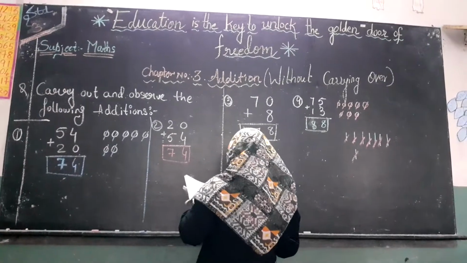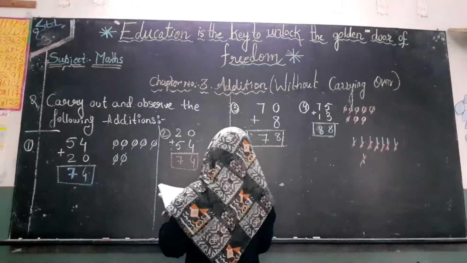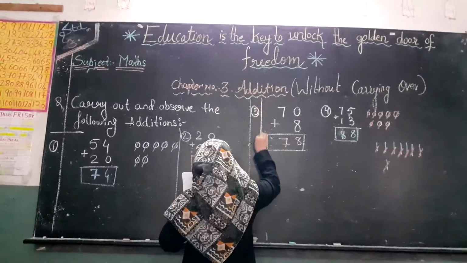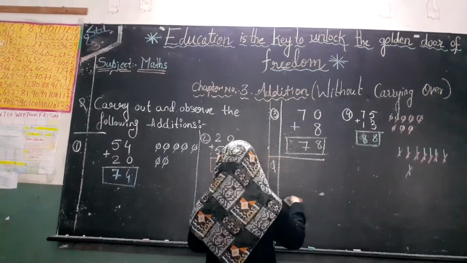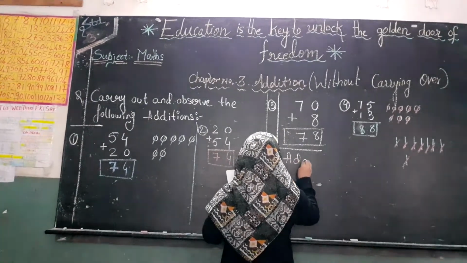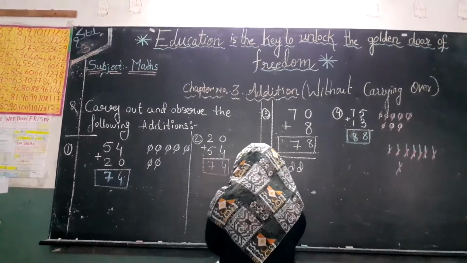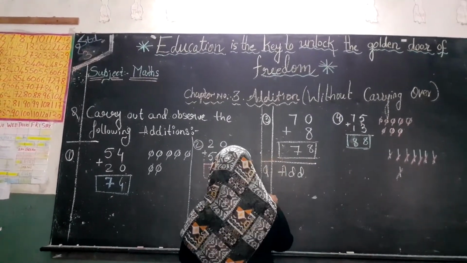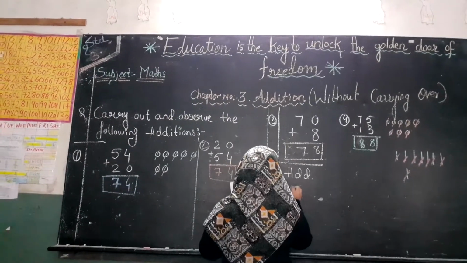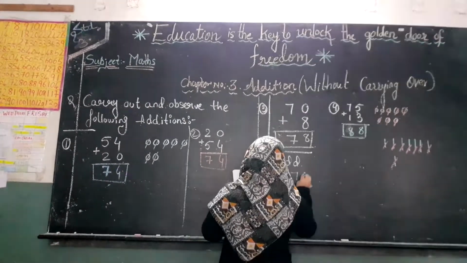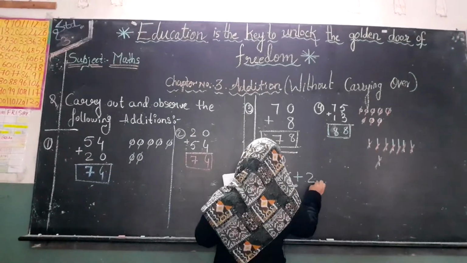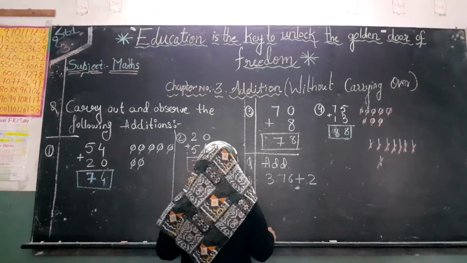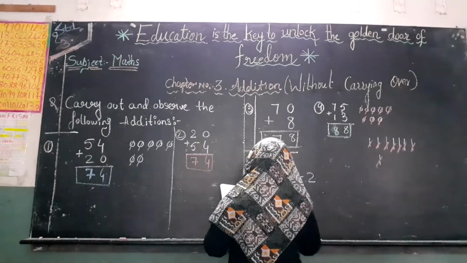Add. Okay. Now first question is what? 376 plus 2. Okay. Now we have to draw a box. So we will draw a box.